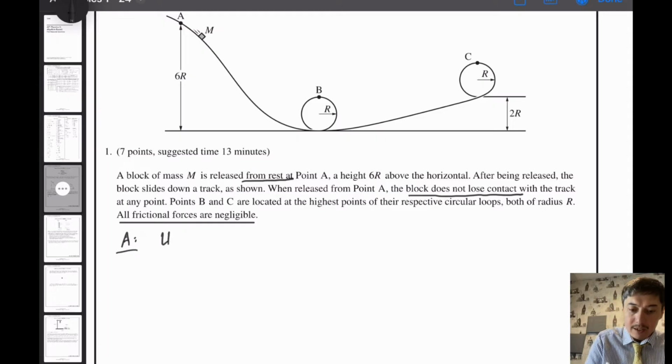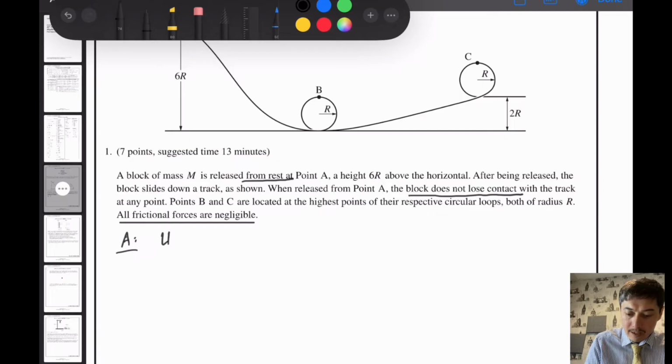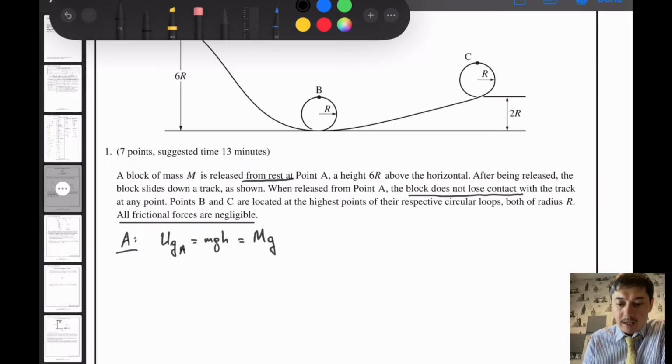So the gravitational potential energy at point A is mgh. In our situation, capital M, G, the height is at the beginning given as 6r. So we can bring 6 here. So 6 mgr.